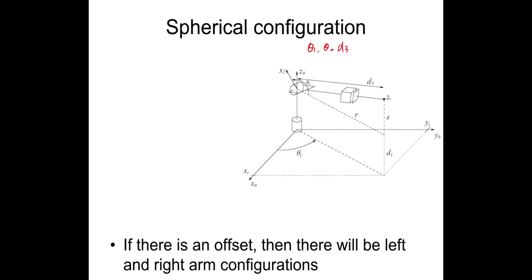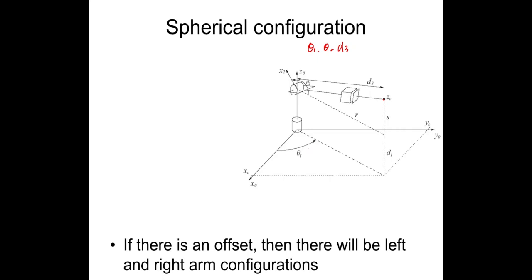Again, we are practicing the geometry method to calculate the first three joint variables other than the spherical wrist. To do this example, we start with theta 1, as we did last time for the RRR.